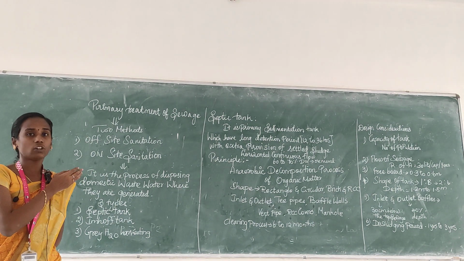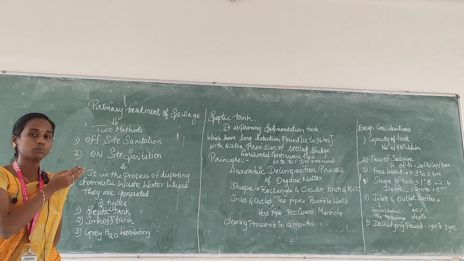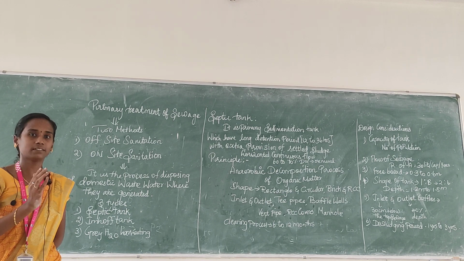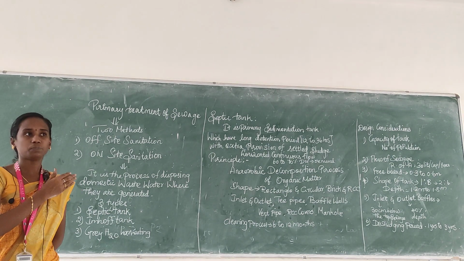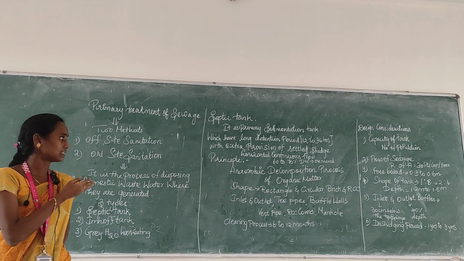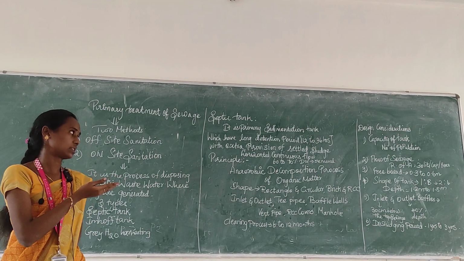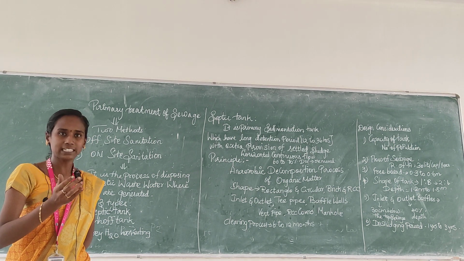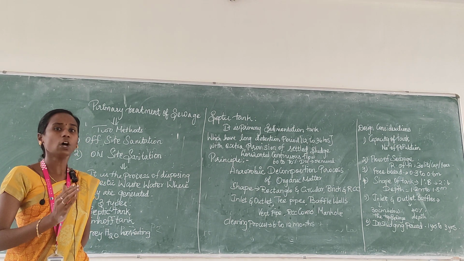It is a horizontal and continuous flow which removes up to 60 to 70% of the dissolved matter which is present in the wastewater, and the principle followed by the septic tank is the anaerobic decomposition process. The anaerobic decomposition process decomposes the organic matter in the absence of oxygen.